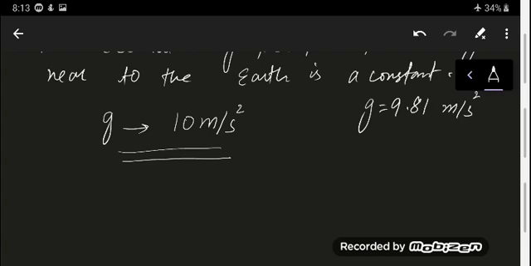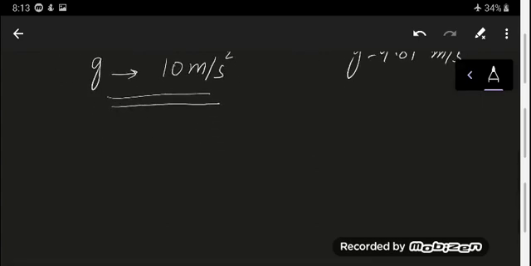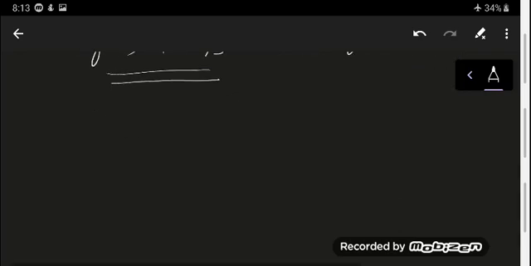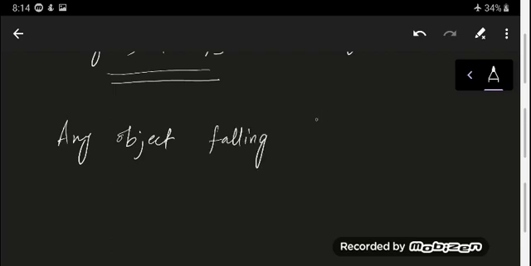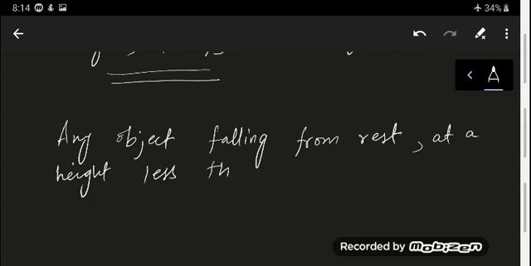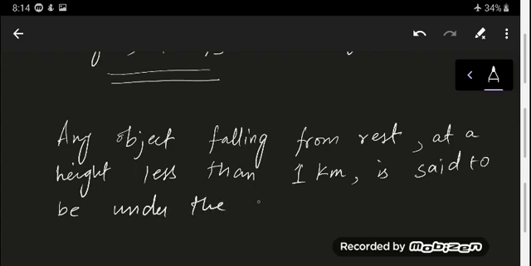Any object falling from rest at a height of less than 1 kilometer is said to be under the influence of a uniform gravitational field.